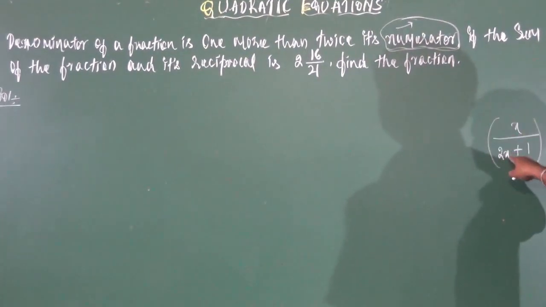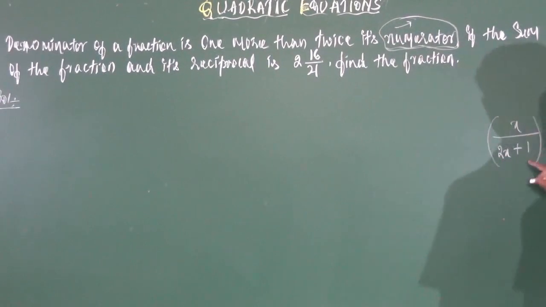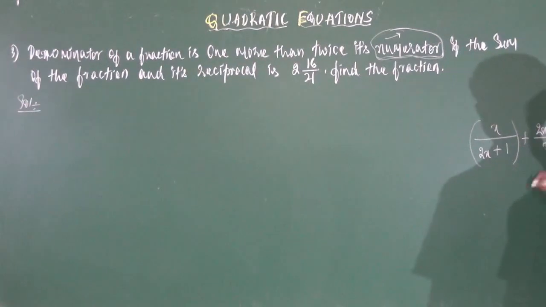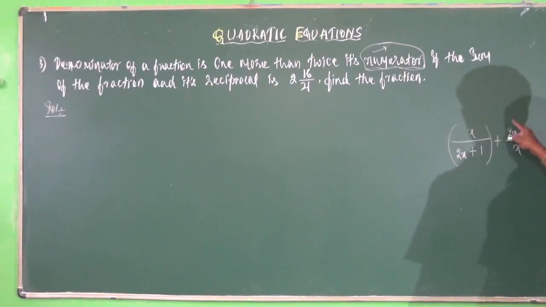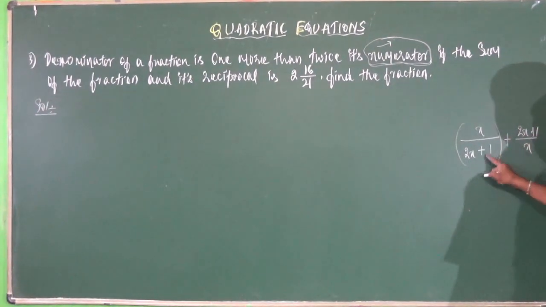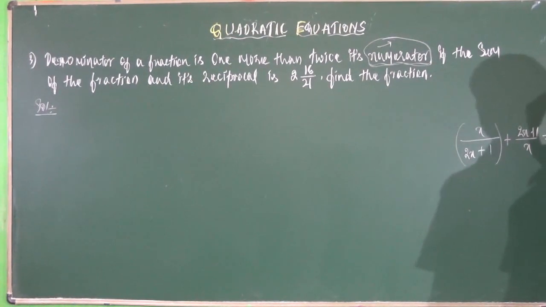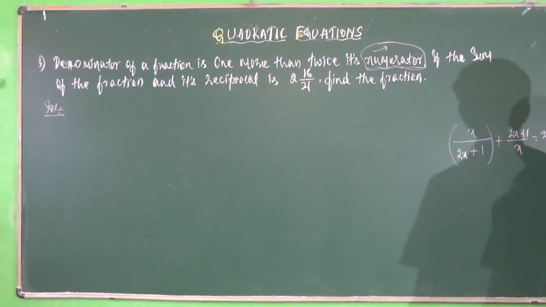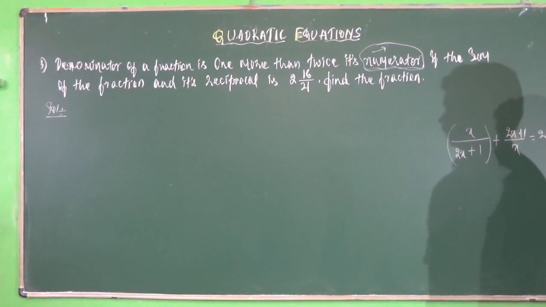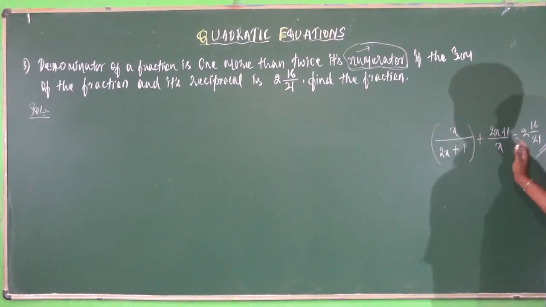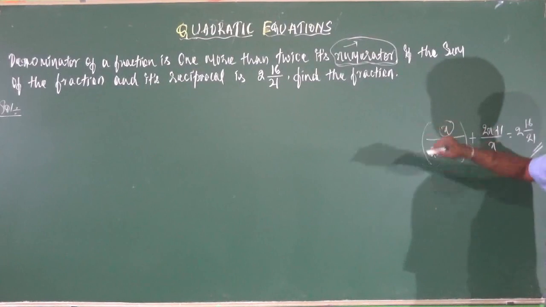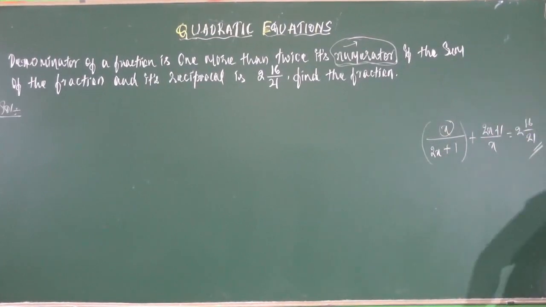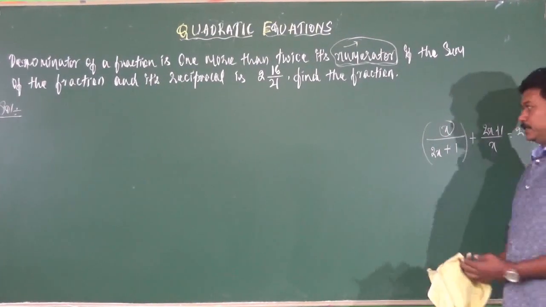If the sum of the fraction and its reciprocal, the reciprocal we'll take as 2x plus 1 by x, so this is the fraction, this is the reciprocal of it. When we take the sum of this, we are going to get 216 by 21. So find the fraction. This is how we go with the problem. So let us guess the numerator first, then we will go with the denominator.